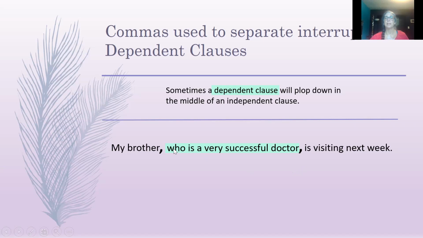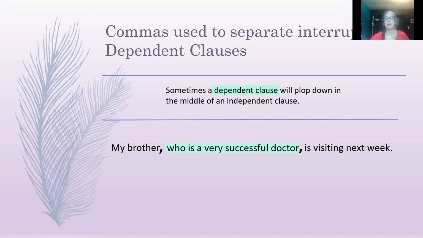Keep in mind your relative pronouns can be the subject of a verb. Who is a very successful doctor. Your verb is "is," your subject is "who," and the relative pronoun "who" is replacing "brother" so that it can become the subject of a new verb.